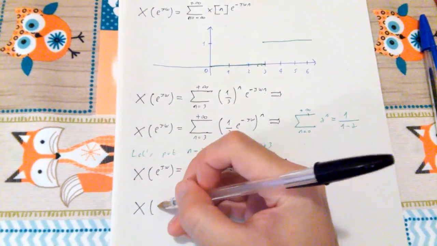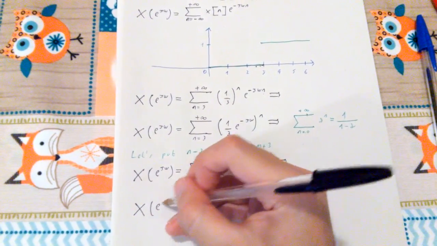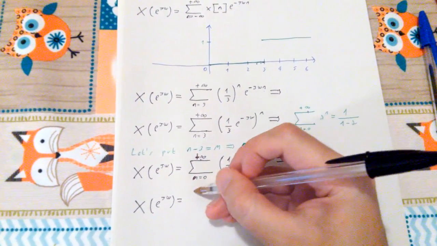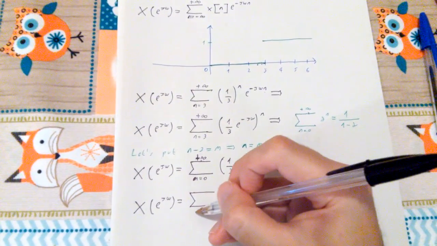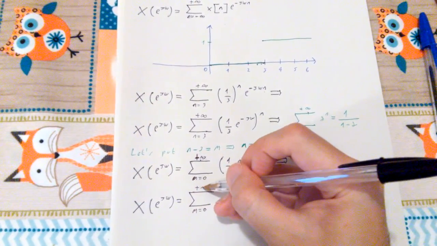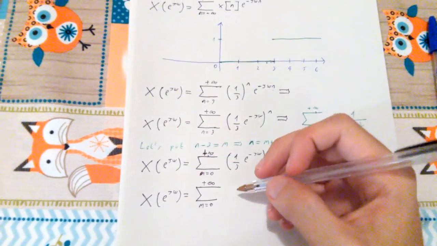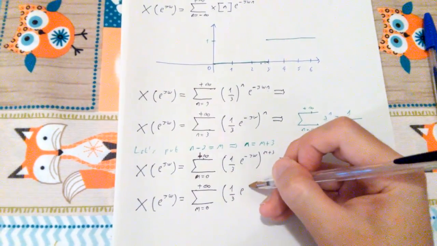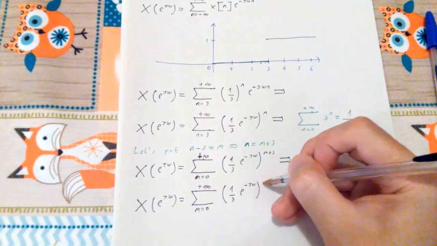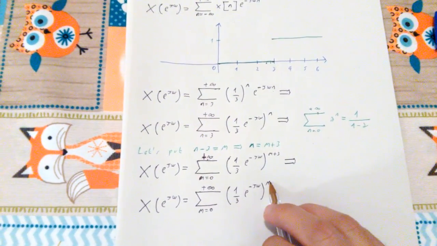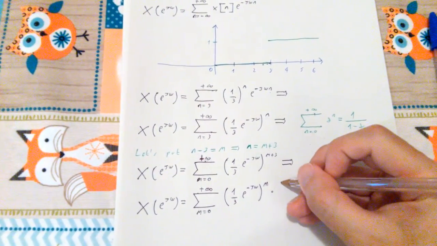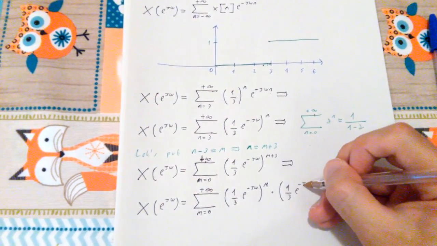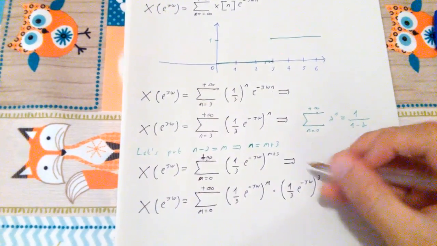So we can say this is capital X of e to the j omega equal to the sum of m that goes from 0 to positive infinity of 1 over 3 e to the negative j omega, all raised to the power of m, which is what we want, times 1 over 3 e to the negative j omega raised to the power of 3.